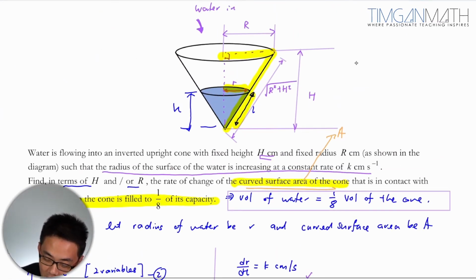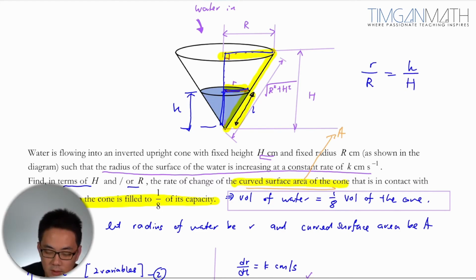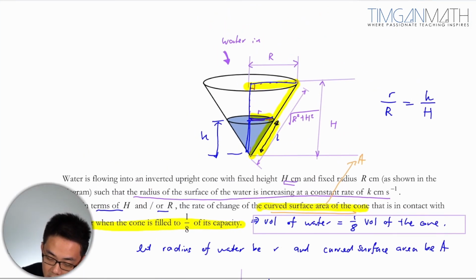So if you use similar triangles, or rather, the property of similar triangles, capital R over small r will just be capital H over small h. Okay, so just look at the triangle there. So this big triangle, the small triangle, and maybe I should draw it out.